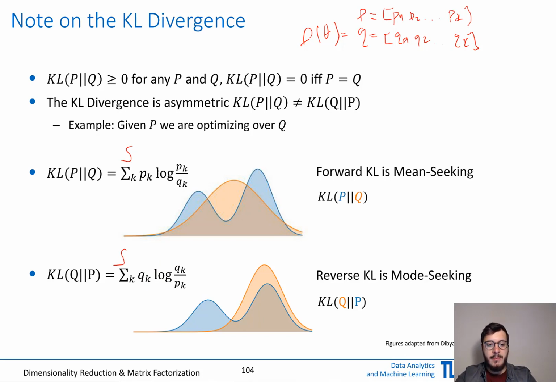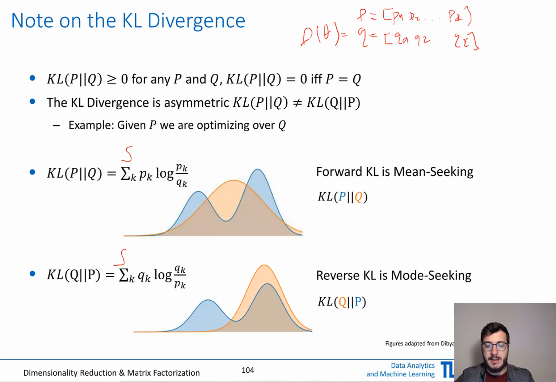This is not true in the forward KL divergence, because in the forward we have a leading term where we're multiplying by pk. So wherever pk is non-zero, whenever we have density of the original, we must put at least some density of the approximated distribution q in order to not incur any loss.